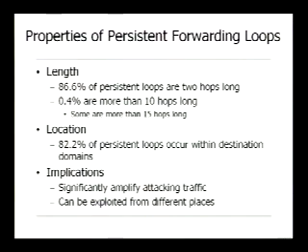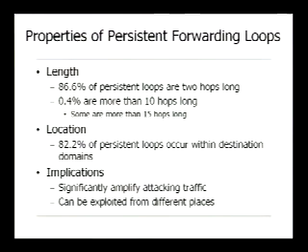From our results, we found that 86% of forwarding loops are 2 hops long, and some of them are more than 15 hops long, that means more than 15 routers involved in a loop. 0.7% of the forwarding loops have more than 10 hops. But the majority are only 2 hops long.